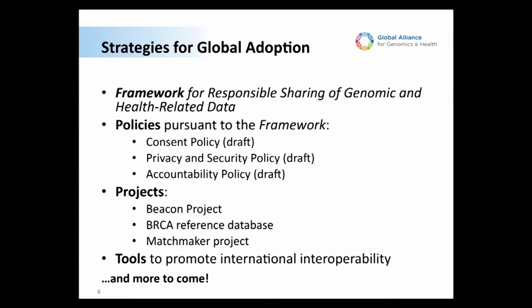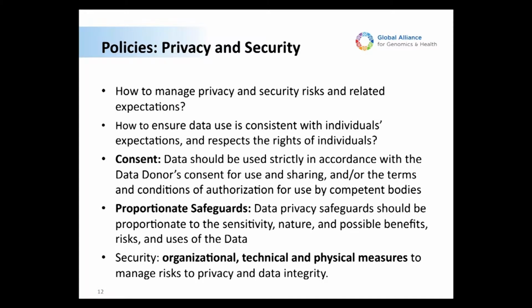And the first 2, consent and privacy and security, will be ready for the next GA4GH meeting in June. Accountability has just started. So let's look at some of these policies. Now, again, the framework is unique in that it presumes that consent has been obtained or that the protocol has been approved by an ethics body for data sharing.